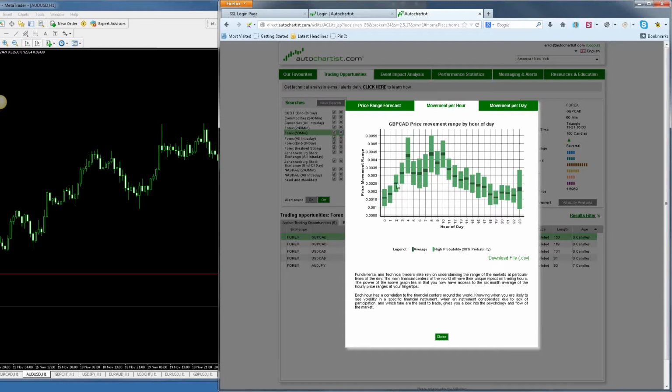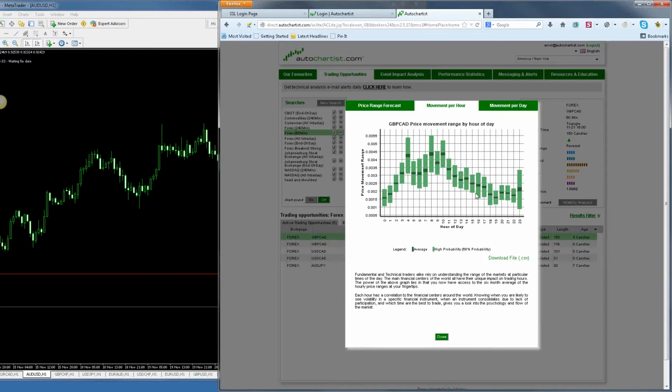You can see these green lines over here, the higher they are, the more volatility there's going to be. So you see at 1 o'clock in the morning, 2 o'clock, at 3 o'clock it rises a little bit, the volatility, and then at 4 o'clock it goes very high. Then it stays sideways, and then goes high again. And then after 11 a.m. in the morning, it goes down and down and down, and then it's flat.